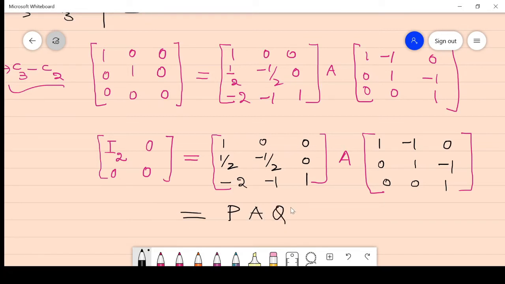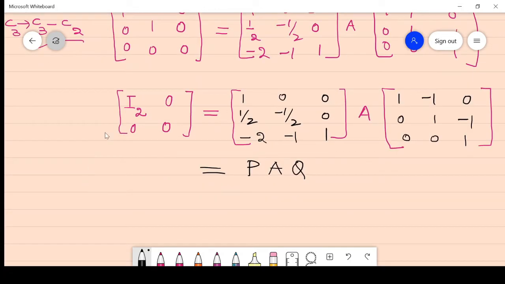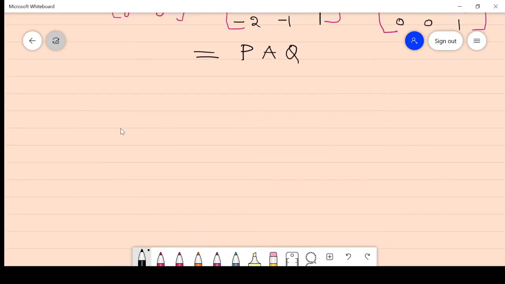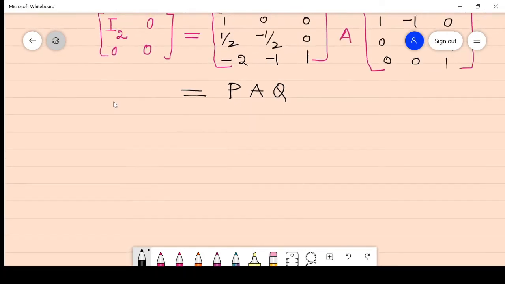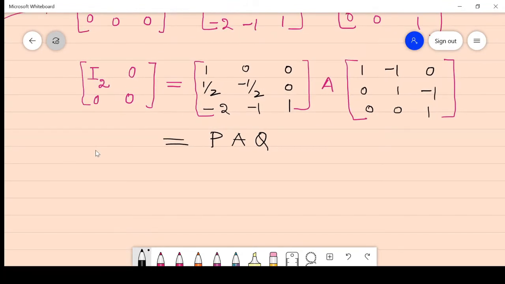So from this we find the P and Q matrix, for which PAQ is in the normal form, and clearly the rank of this matrix is 2 and the rank of A is 2. So we find P and Q. The first matrix is P and the second matrix is Q. So what is P?